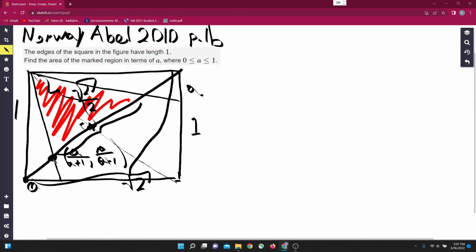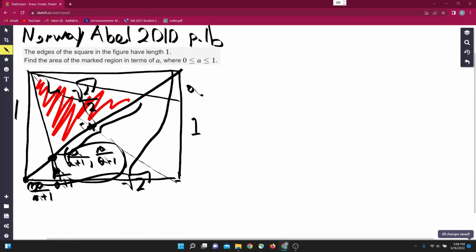And so to do that, we use these coordinates. Notice that this distance, since this line is represented by y equals x, that's one way of looking at it. There are other symmetry arguments to look at. But both of these lengths are a plus 1. If we look at an isosceles triangle, and notice that it's isosceles because both these lengths here are a plus 1.